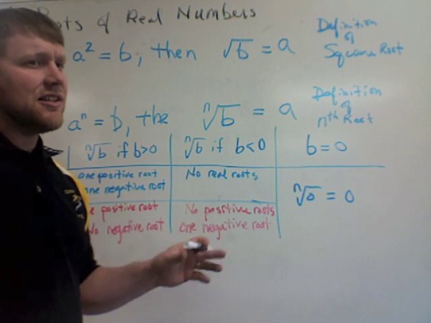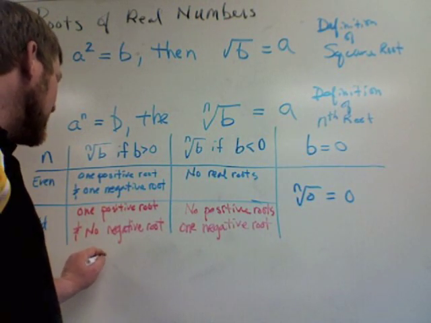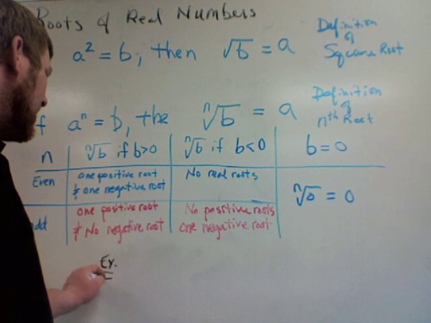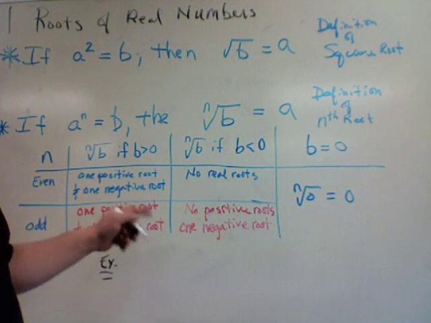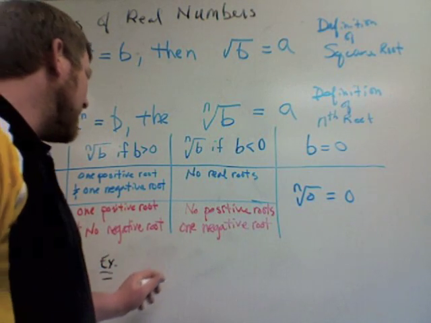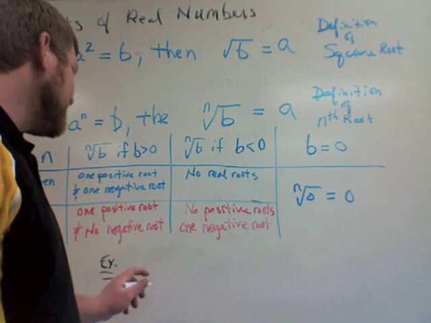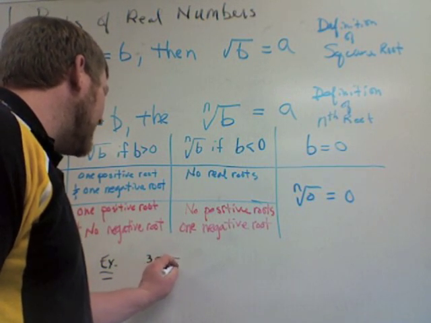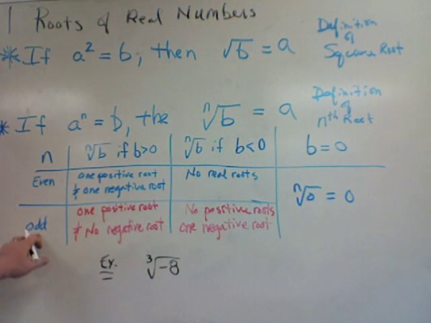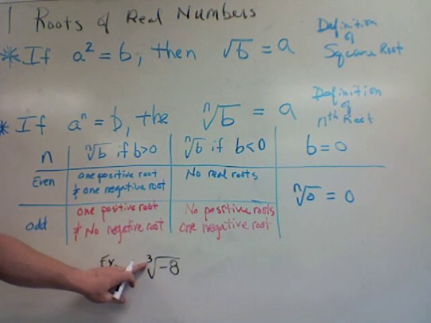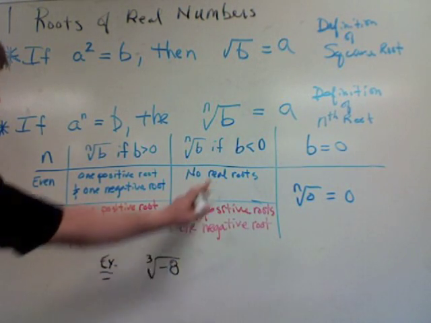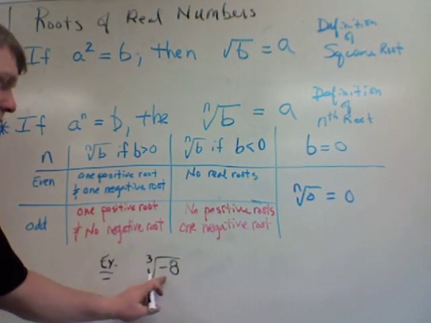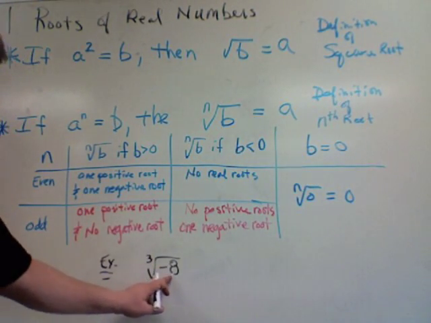Well, not necessarily the case, especially when the nth root is odd. For example, let's say I'm taking the cube root of negative 8. Notice that my nth root here is odd, and my b value inside is less than 0. That means it's negative 8.